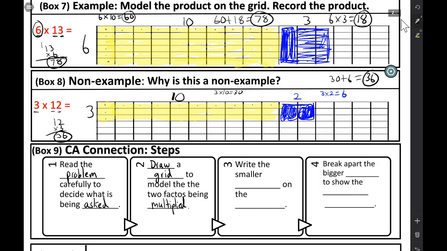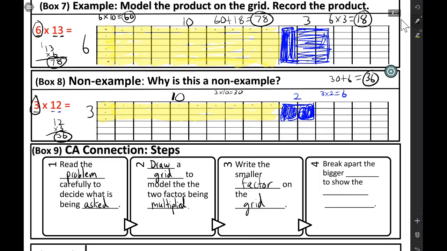Step 3, you're going to focus on write the smaller factor on the grid. And remember, that's what we did earlier in box 8 when we focused on this 3 right here. We wrote the smallest factor first.